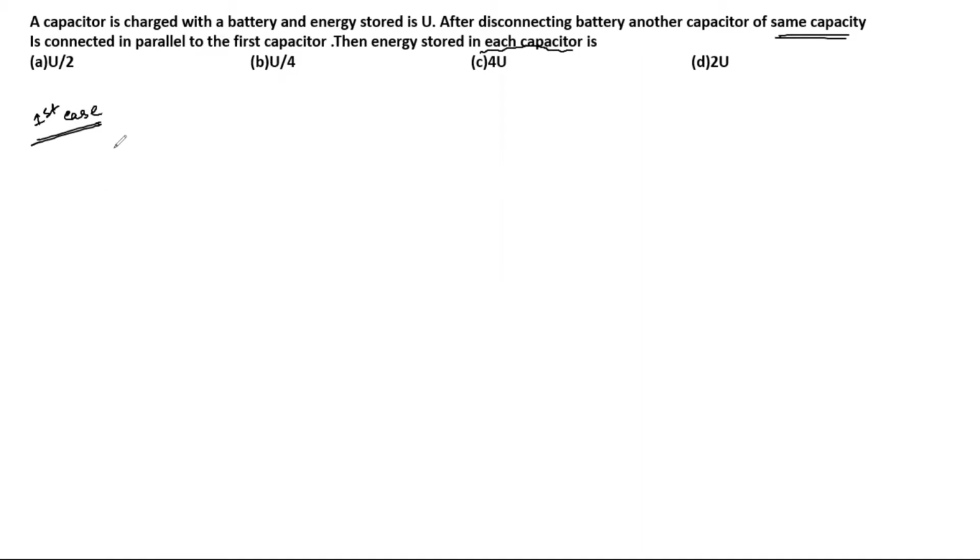In our first case, let's say that C is the capacitance of the first capacitor, and let's say that V is the potential.